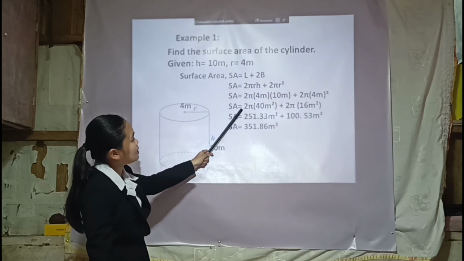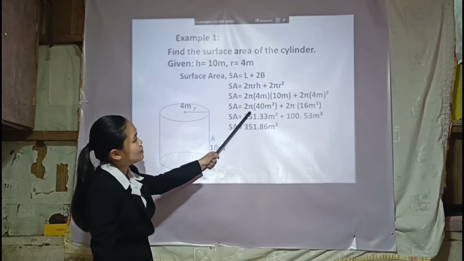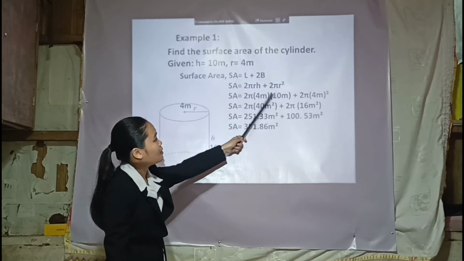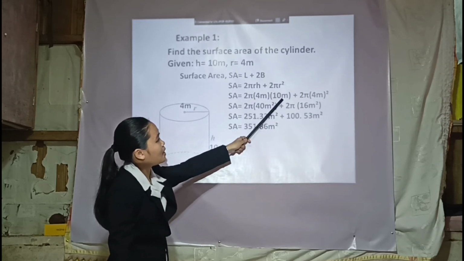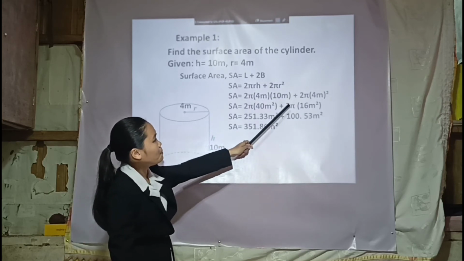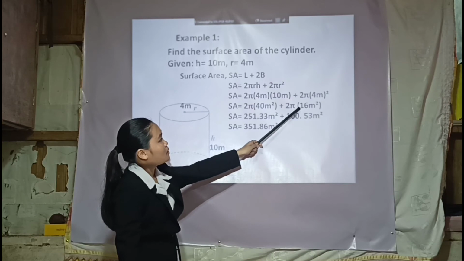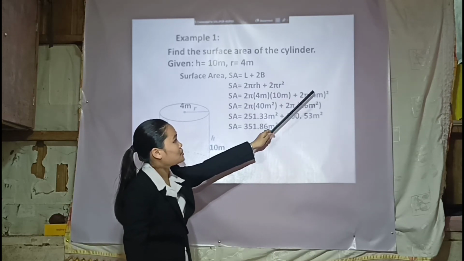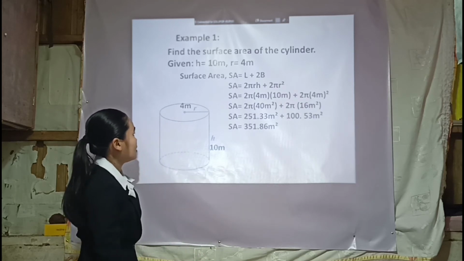Surface area equals 2 pi times 40 meters squared, because 4 meters times 10 meters equals 40 meters squared, plus 2 pi times 16 meters squared, because 4 times 4 equals 16.